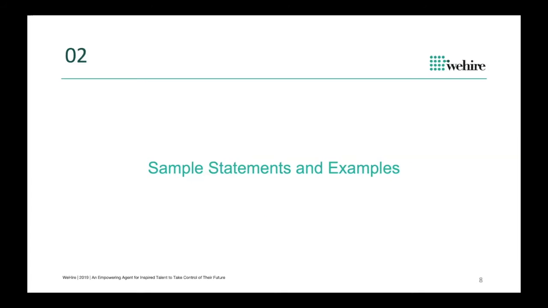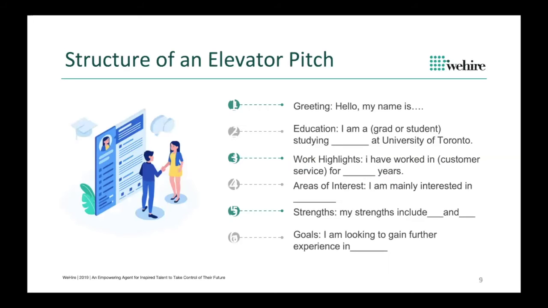Sample statements and examples. Here is an example of a structure of how to create your elevator pitch. Answering the previous questions, here is the way you can start by writing your sentences. So the first one would be, hello, my name is, and list your background, starting with education.